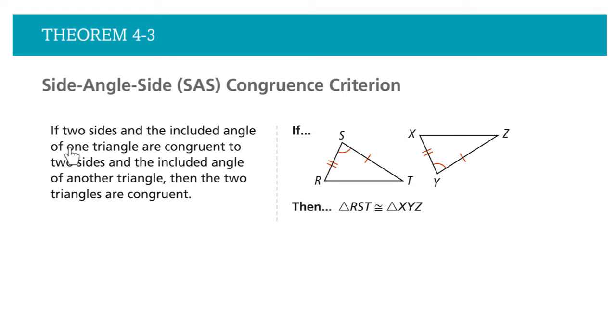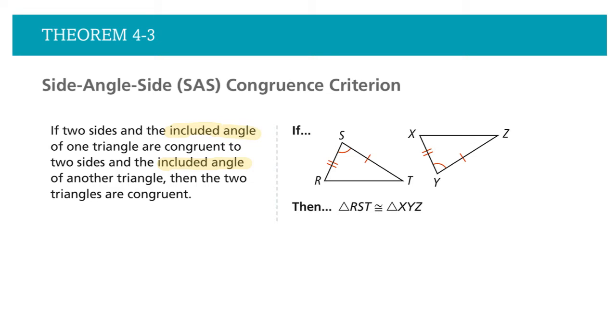And what it says is if two sides and the included angle of one triangle are congruent to two sides and the included angle of another triangle, then the two triangles are congruent. Now there's a word in there that we do need to probably talk about, this idea of an included angle.